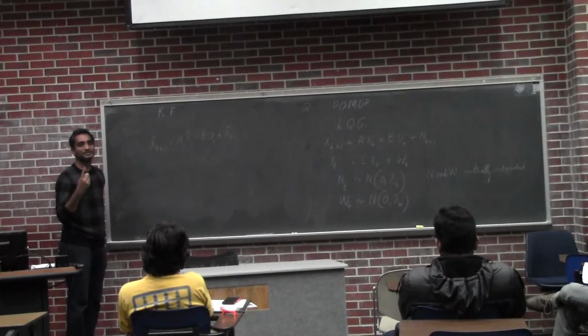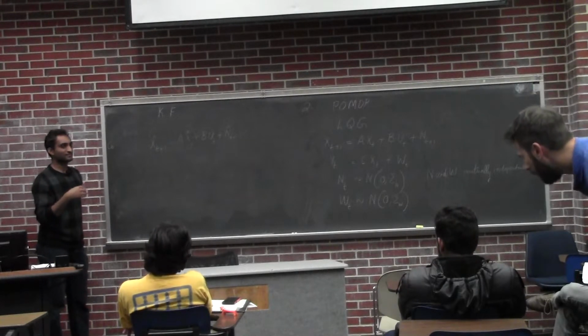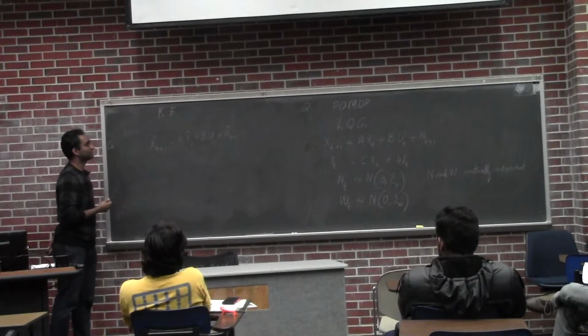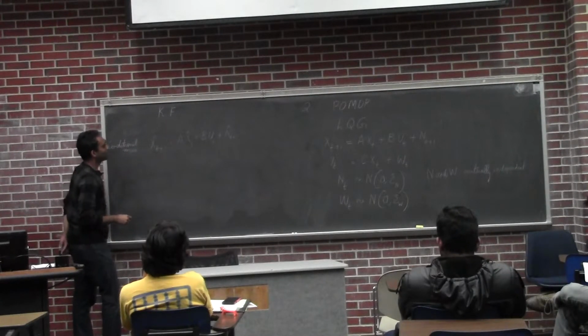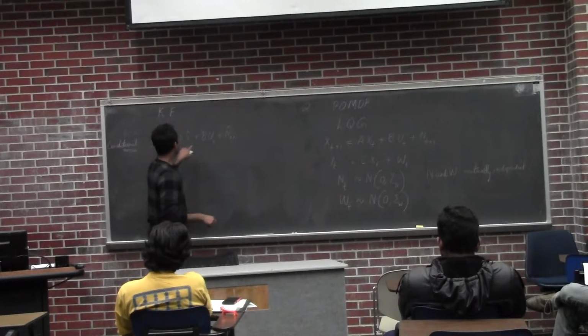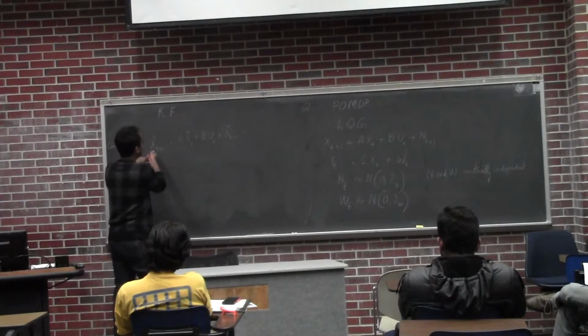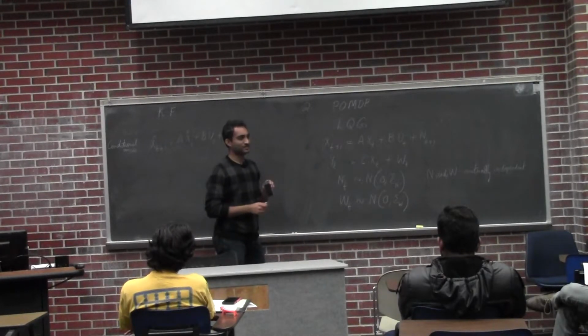So the two things that you're interested in are the conditional mean and the covariance, right? And the Kalman filter gives you an iterative expression for both. So you can see that the dynamics of the conditional mean remains almost the same as the dynamics of the actual Markov chain, right?